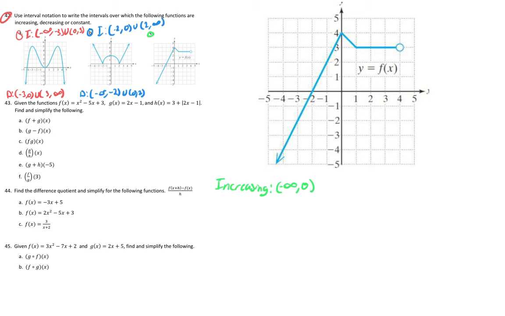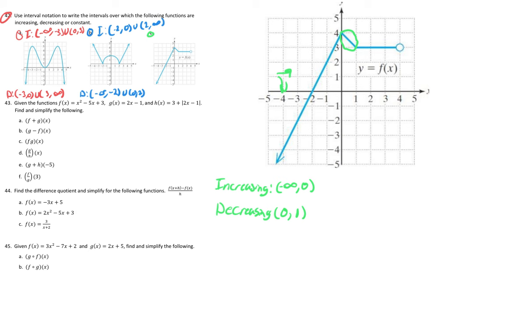And then decreasing is going down as we're going to the right. So that chunk is decreasing. And that occurs at the x values from 0, +1. And then constant.